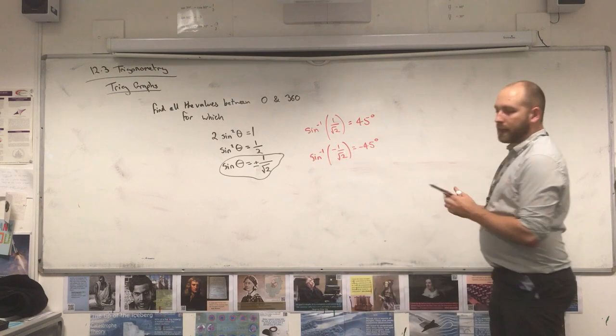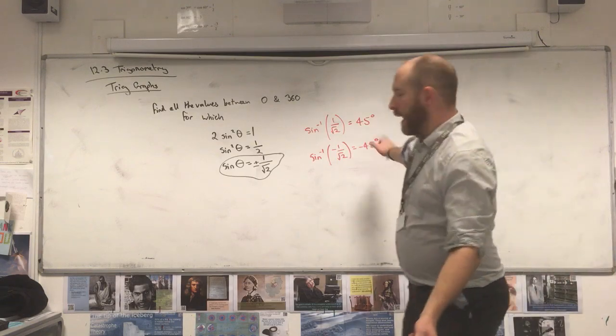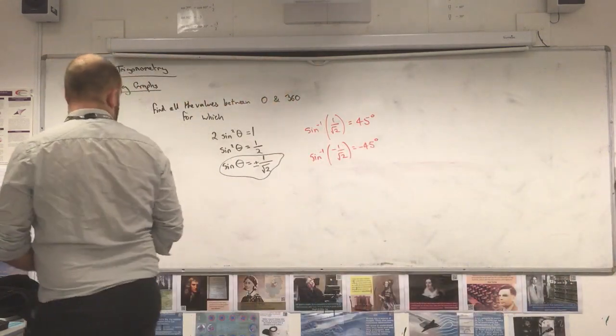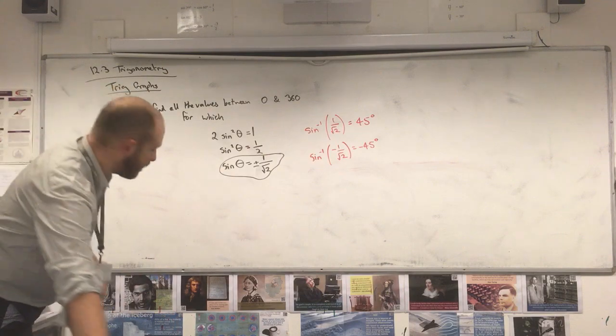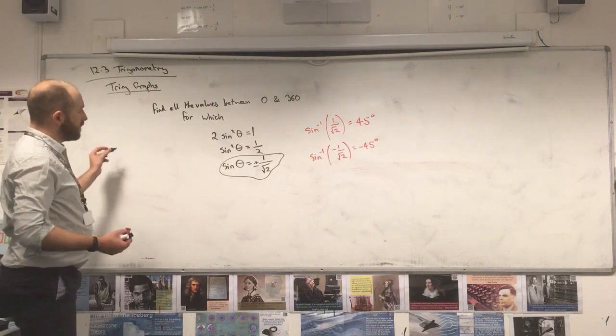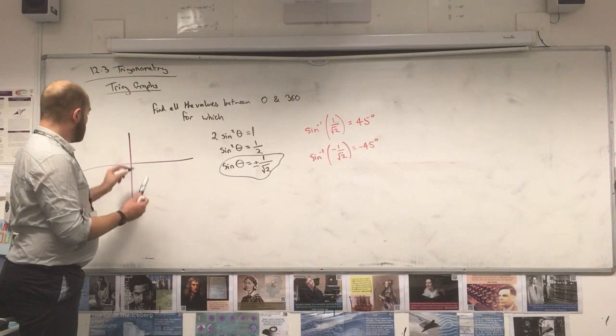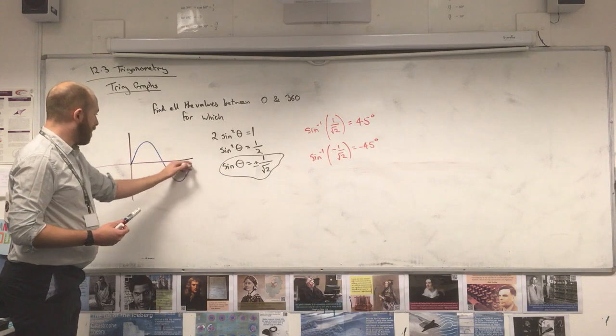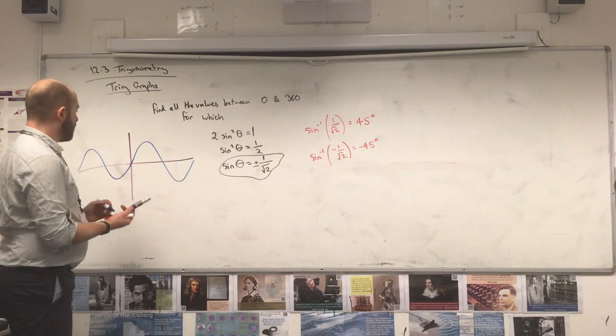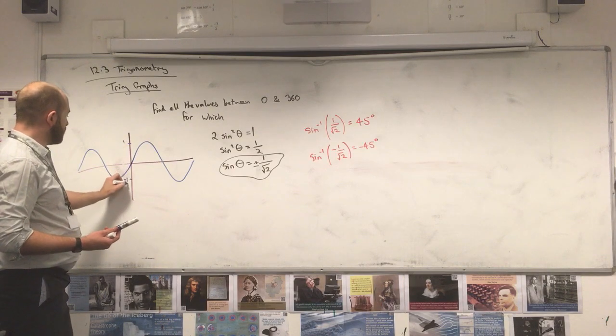So we've got to find all the angles equivalent to 45 and minus 45 that are between 0 and 360. If we sketch sine, and put the angles in as well.